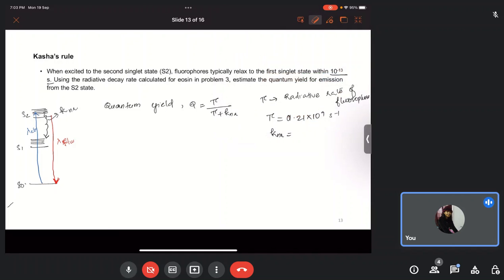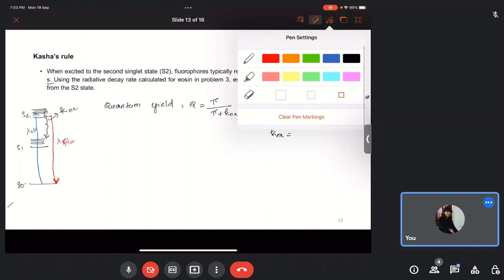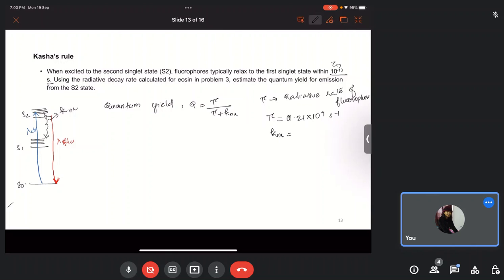This is going to be the time scale, the lifetime. So the non-radiative decay rate is 1 divided by the lifetime, which is 1 divided by 10 to the power minus 13 seconds. This is 10 to the power 13 second inverse.